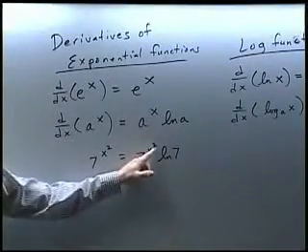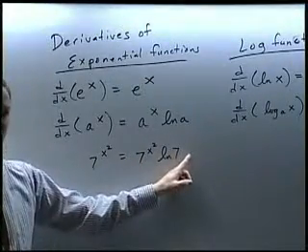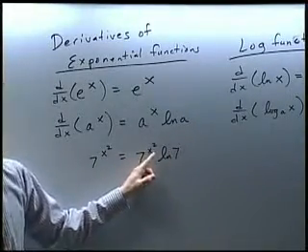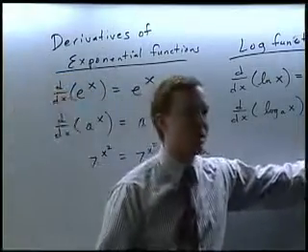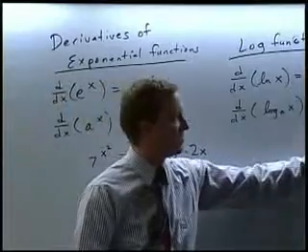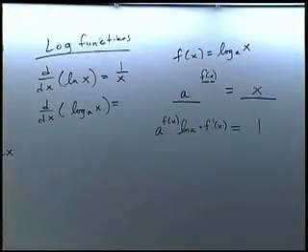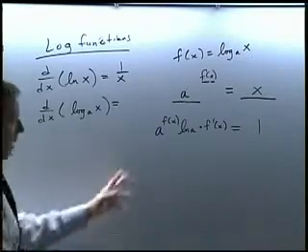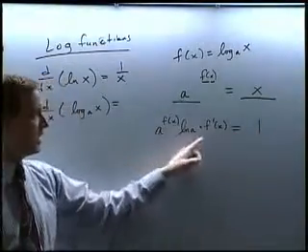But since x squared has a derivative, we then need to use the chain rule and multiply by its derivative. And what's the derivative of x squared? Well, it would be 2x. That's exactly what I'm doing over here, except we just don't know what this function is. So we just have to write f prime of x for right now, because we don't know what that derivative is.